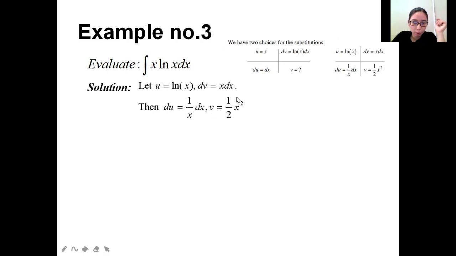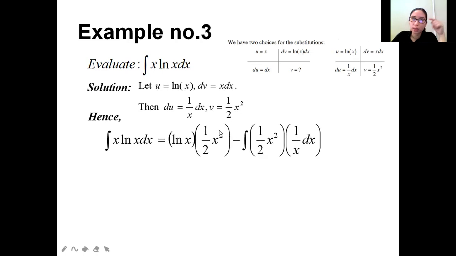Then v will be equal to 1/2 x squared. So hence, using the IBP formula, uv minus integral of v du.